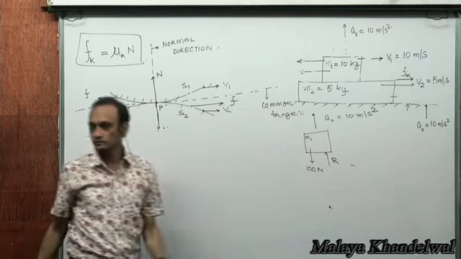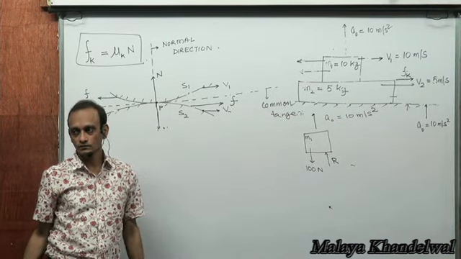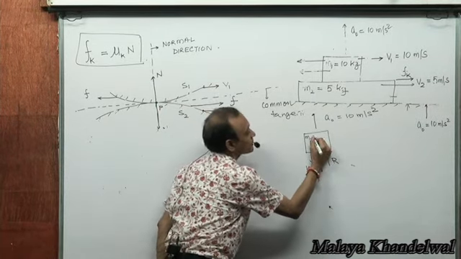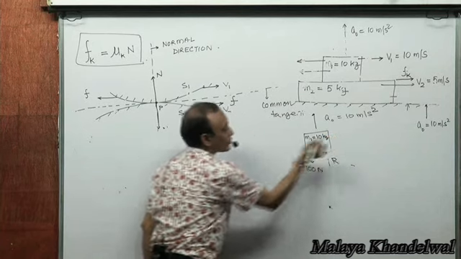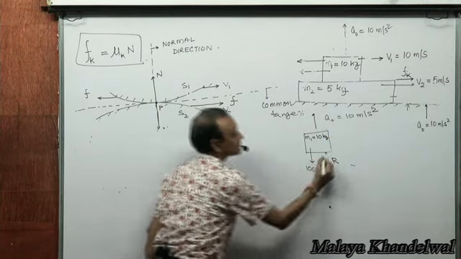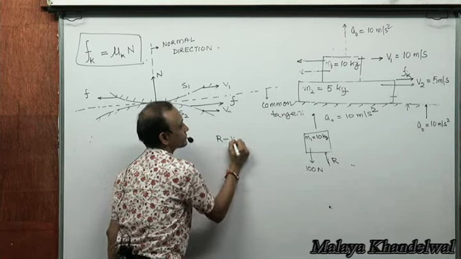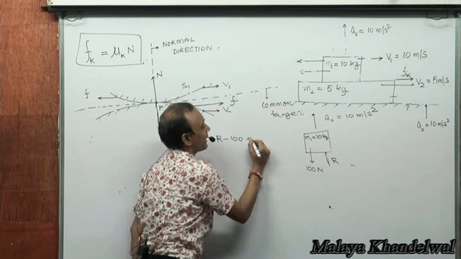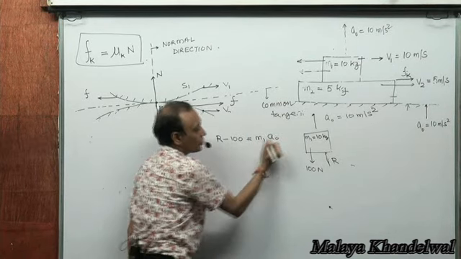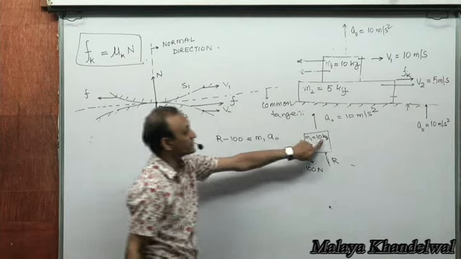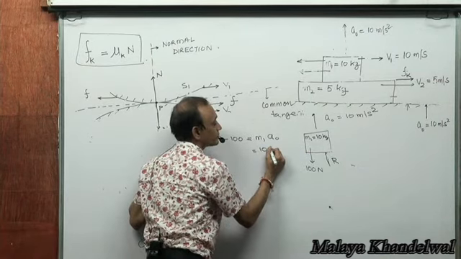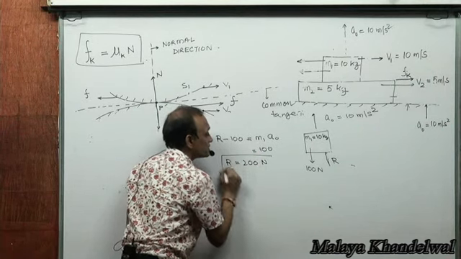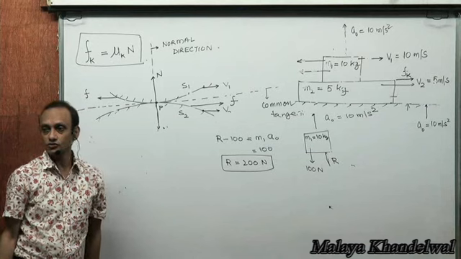So I can write the equation of motion of this 10 kg block. R minus 100 equals M1 into A0. M1 is 10, into 10, that makes it 100. So R then changes. R then is 200 newtons.